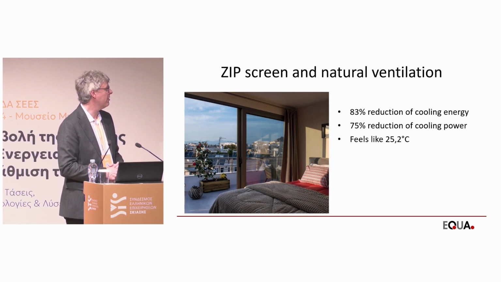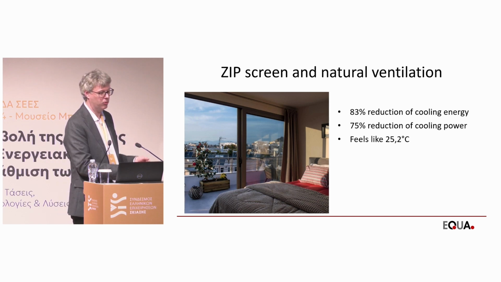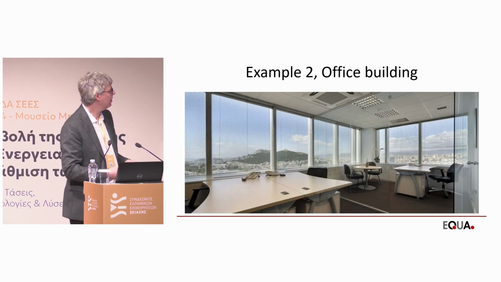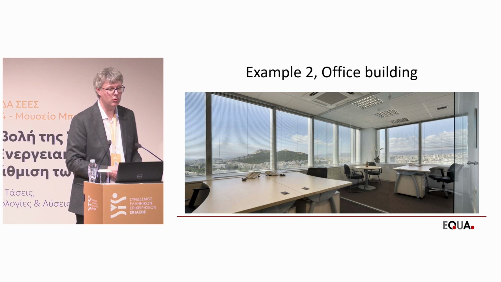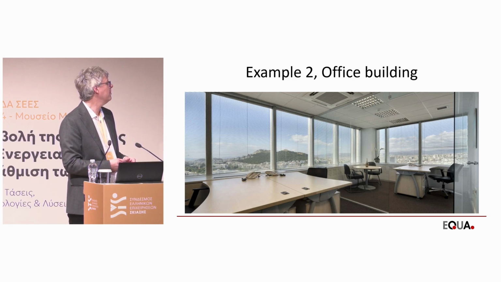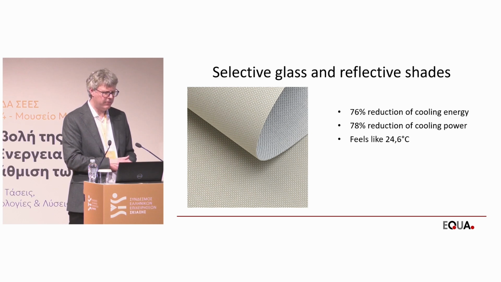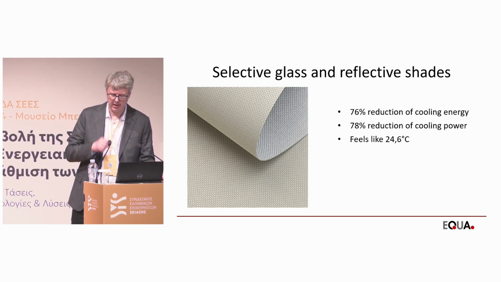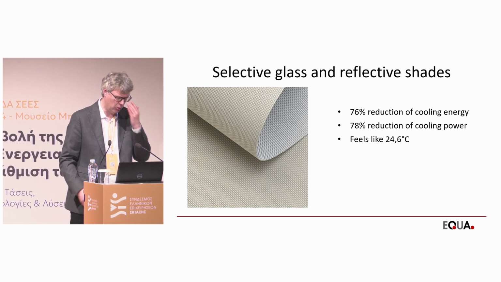But yes, the solar radiation is a major concern. It's not just the outdoor temperature. And let's take this further. Let's look at an office building. So same orientation. And here we have another option that I think is mostly what I do.